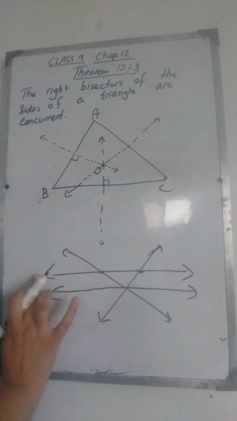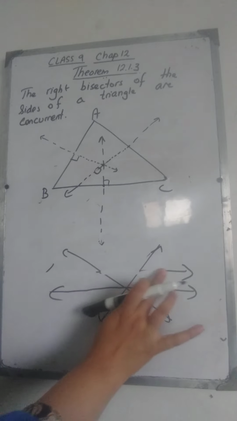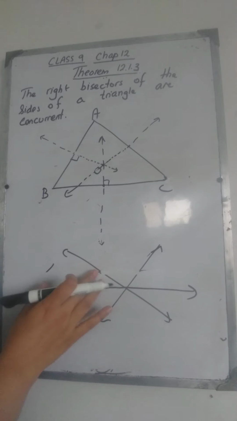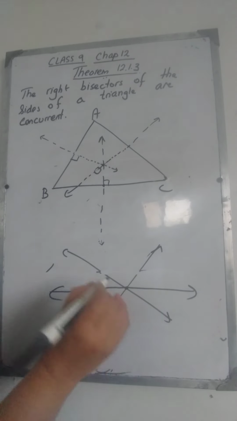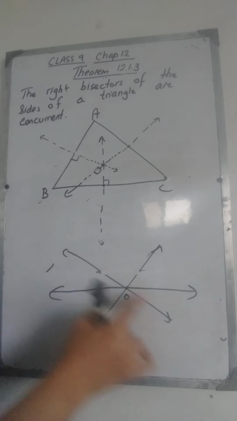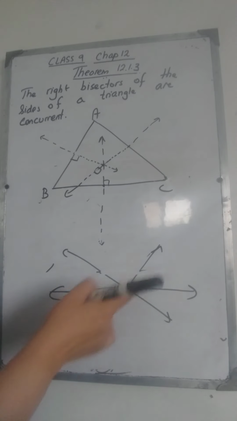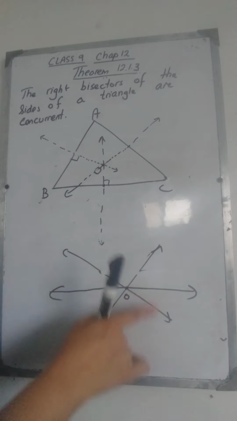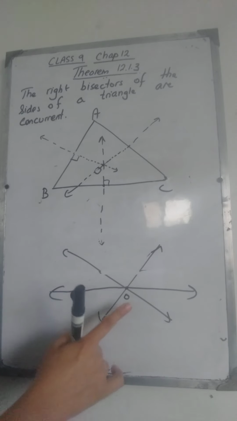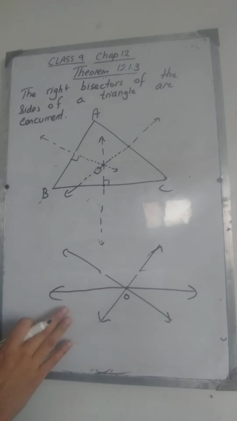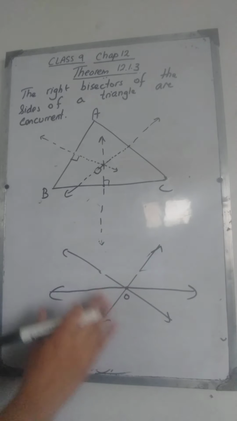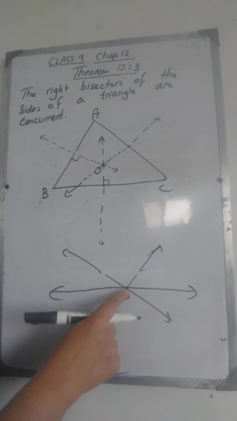It will intersect them at the same point as they did with each other. When this happens, we say that the three lines are concurrent, and O is the point of concurrency. Now it's clear what we mean by concurrent. Three lines are concurrent when they intersect each other at the same point.